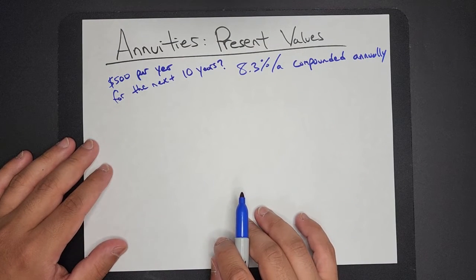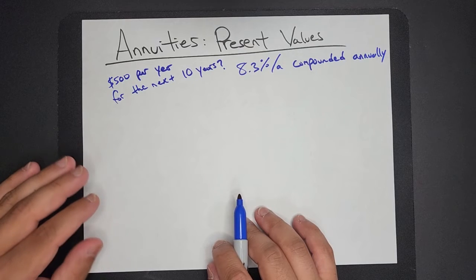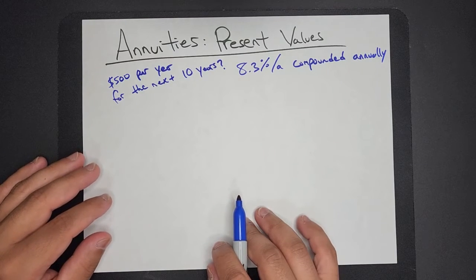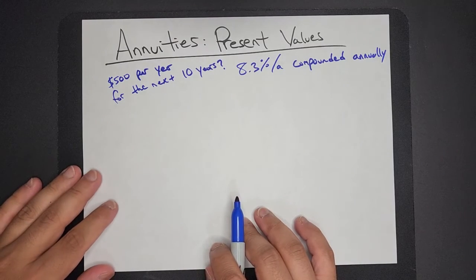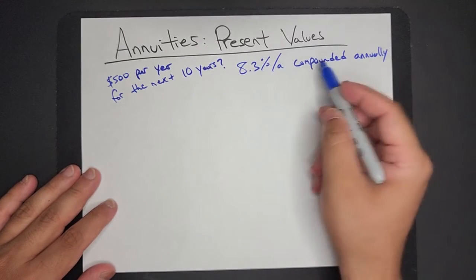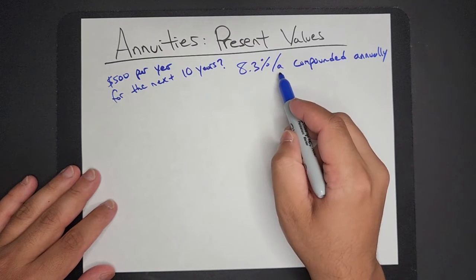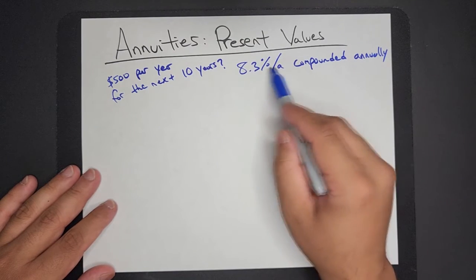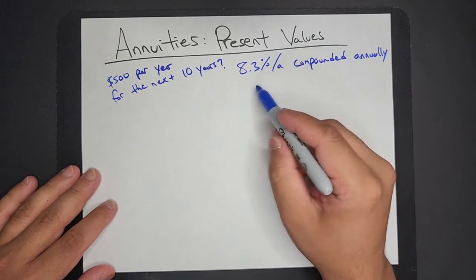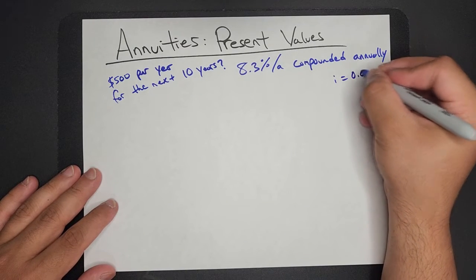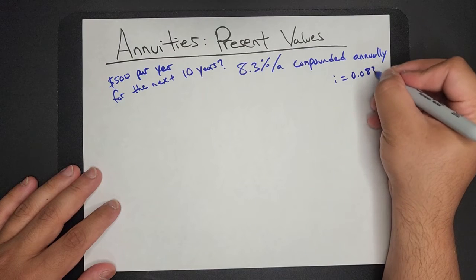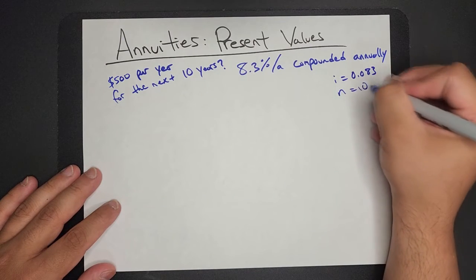So let's start looking at how we could provide this. I don't have to do any extra calculations here. Compounded annually, so my interest rate is per year. I have i equals 0.083 and n equals 10.